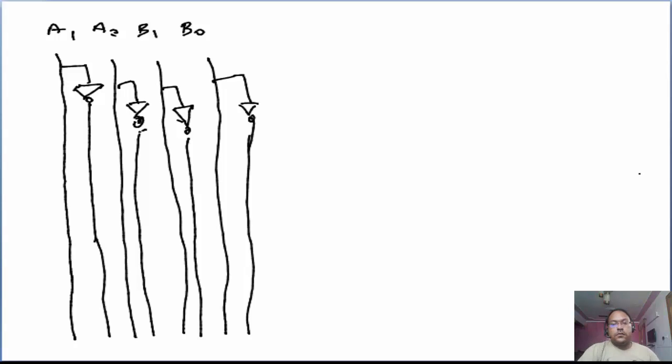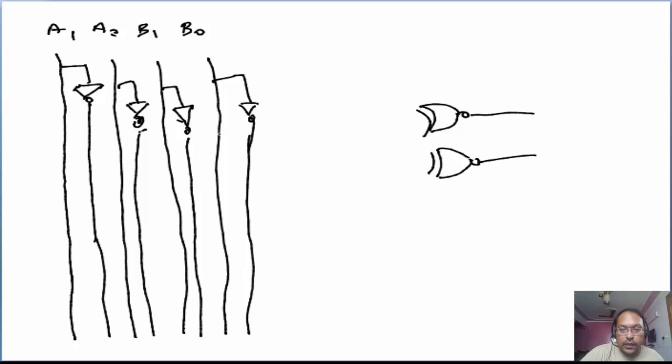Okay, so we have seen that A equal to B is XNOR of two things. It is XNOR of A0 and B0. So here it is B0, here it is A0.